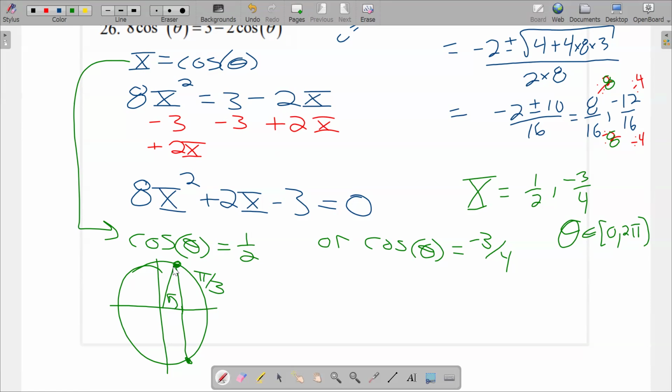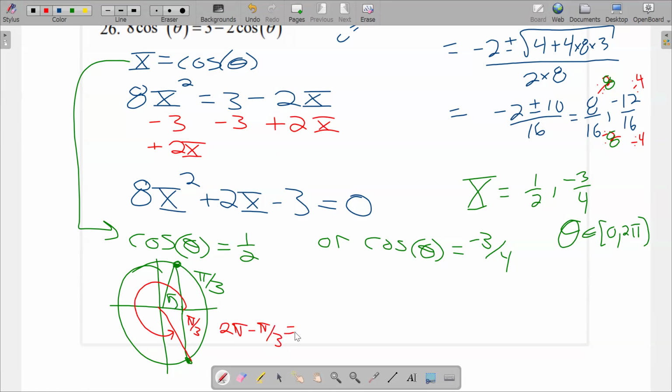And then the other angle down here, since I have to go from 0 to 2 pi, I have to sweep around in a positive direction to get there. The reference angle is still pi over 3, so that means my other angle is 2 pi minus pi over 3.